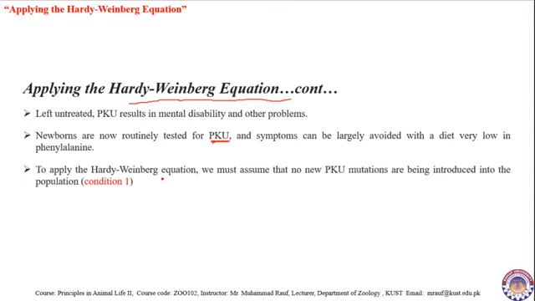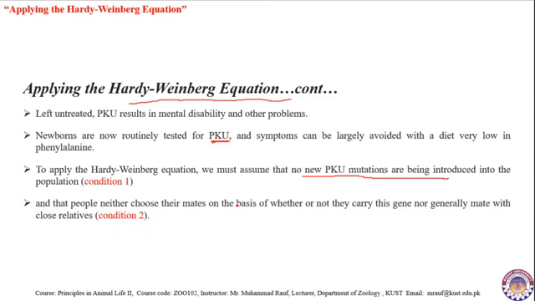So the first condition was no mutation, so no new mutations in PKU genes must arise in that population. The second condition was random mating, so people neither choose their mates on the basis of whether or not they carry this gene, nor generally mate with close relatives.